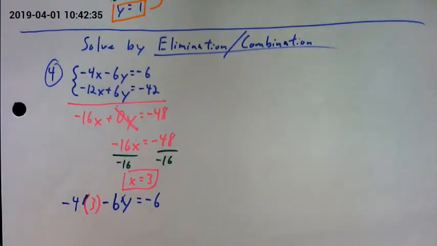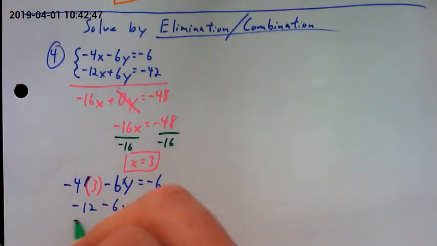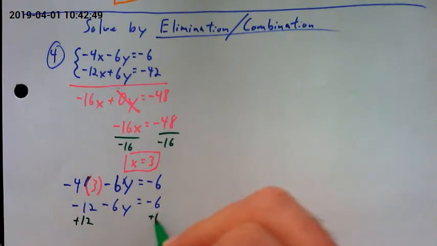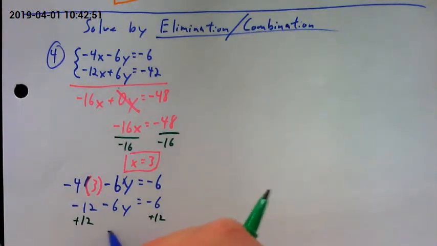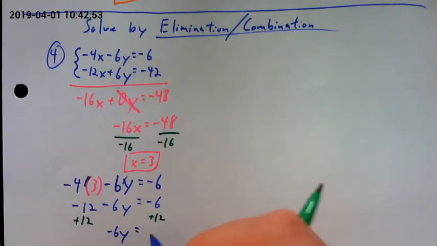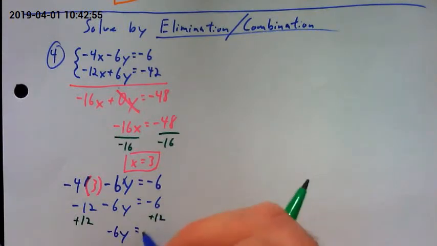So we're going to solve again. First, multiply this out. So you'd have negative 12. You still have a negative 6y. You still have a negative 6. We've got to get y by itself. So we're going to get that 12 over to the other side by adding. So now we have a positive 6 after we add that 12.